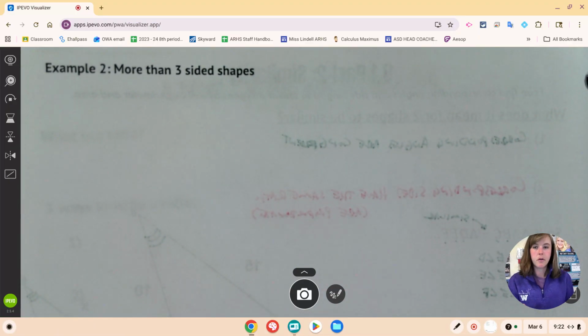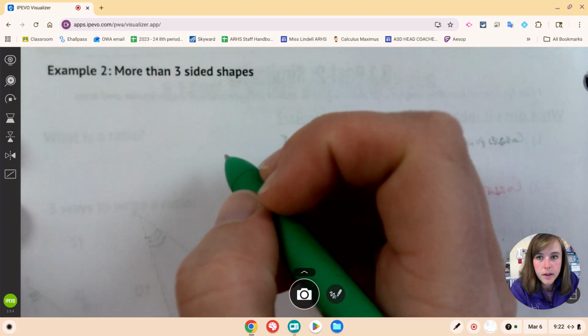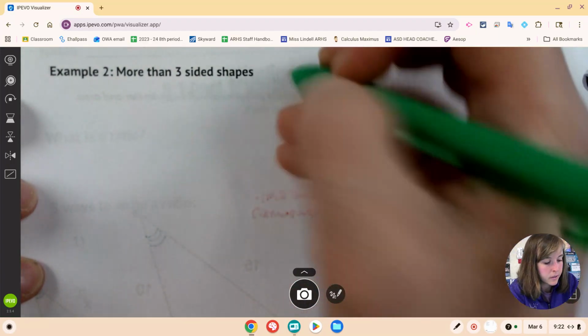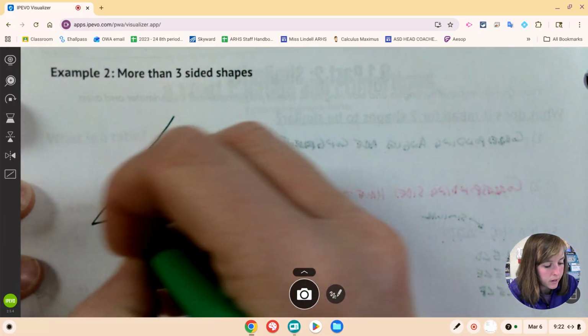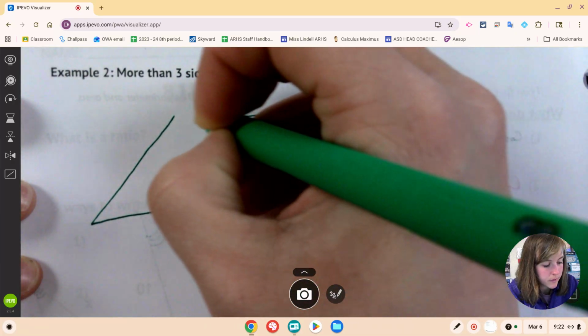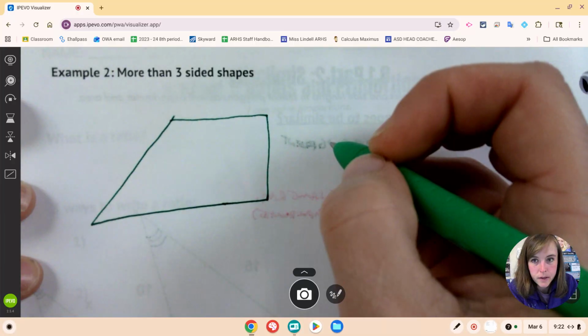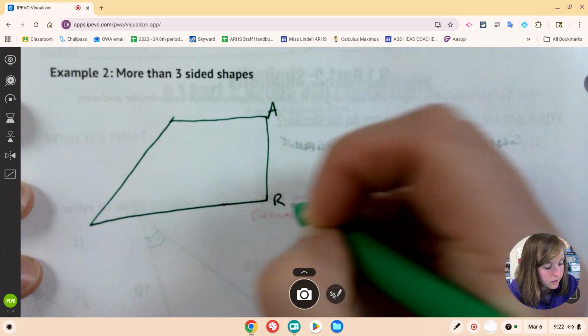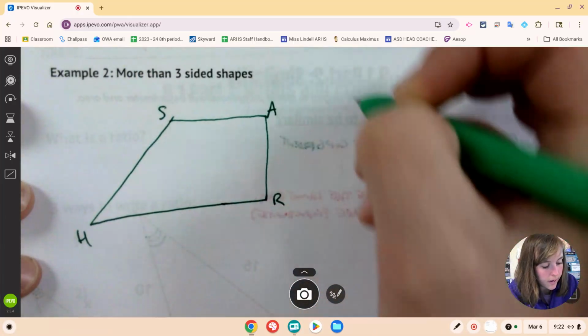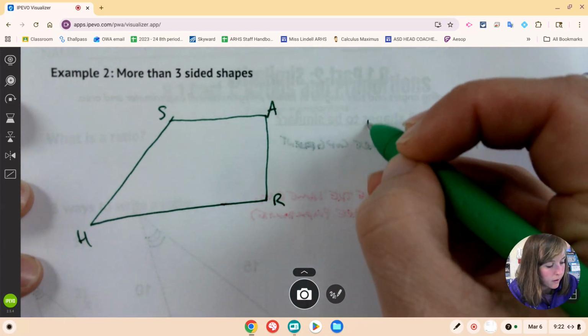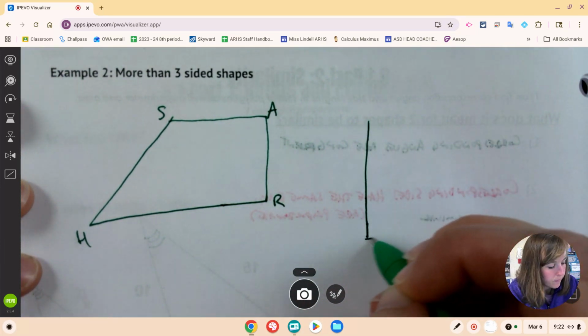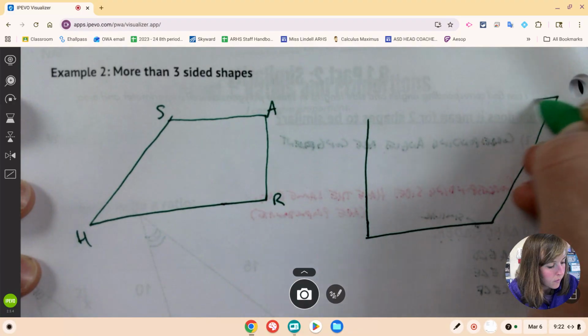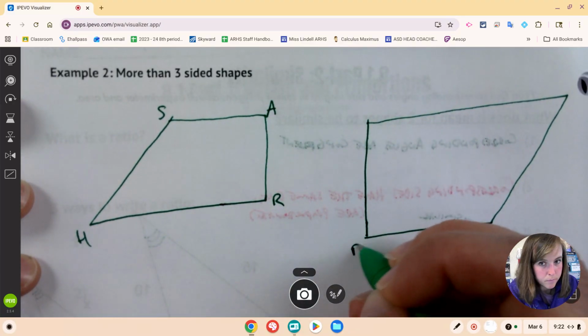Okay, so for more than 3-sided shapes, we're going to have to actually draw some shapes here. So we're going to say we've got this shape, ARHS, and then BWST.